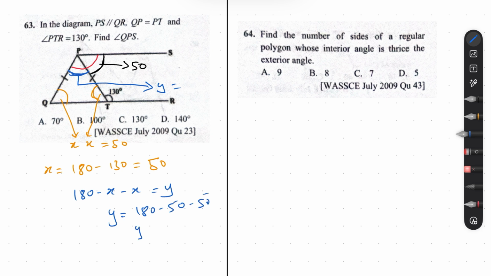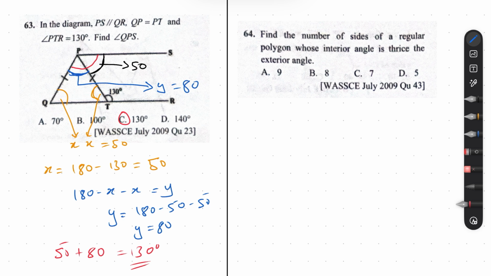So y is 80. Finally, we can add this black and this blue to get the total angle we are looking for. So 50 plus 80 should give us 130. So our answer is 130.